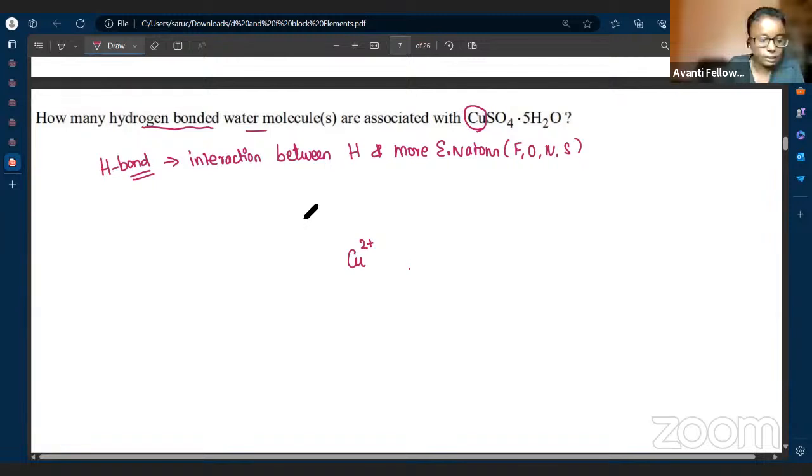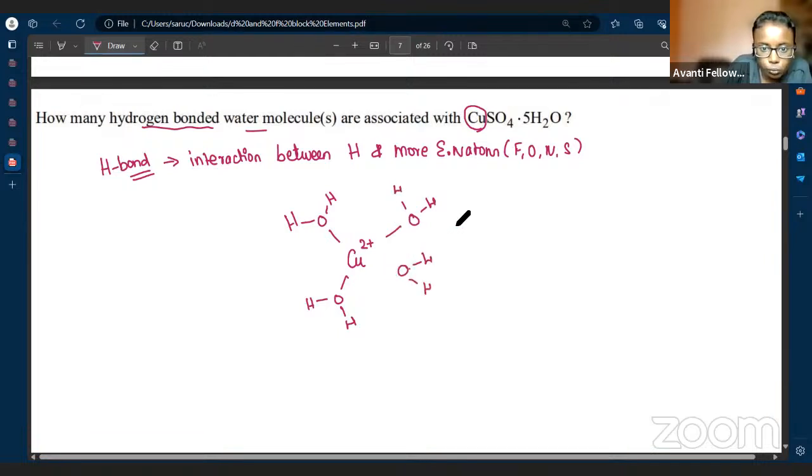So I'm making the water molecules around copper, and you have sulfate, SO4 2 minus. Now, there will be one water molecule in the middle.